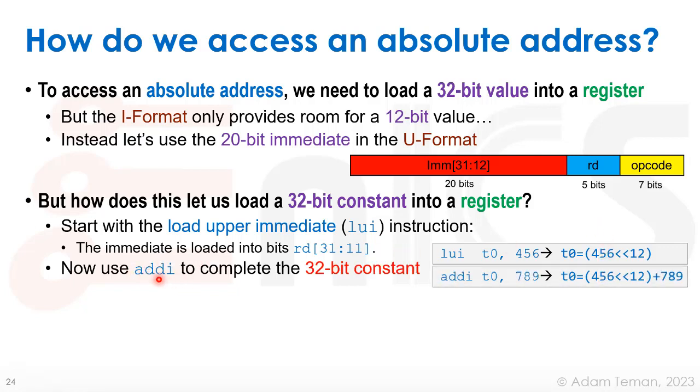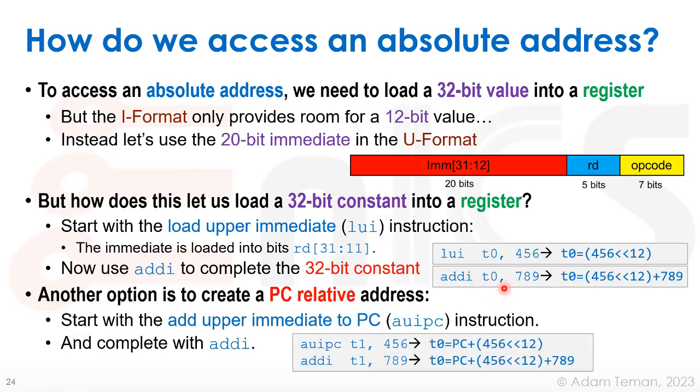And then we can use ADDI, which has 12 bits in its immediate, and just store the lower 12 bits. So ADDI T0 789. T0, which was equal to 456 shifted left by 12, now has 789 added to it. Therefore, we can fill in the whole 32 bits, the 20 MSBs with this command, and the 12 LSBs with an additional add immediate command.